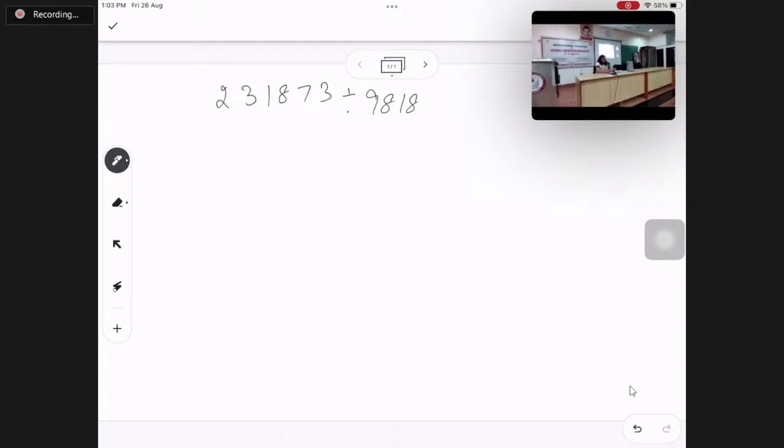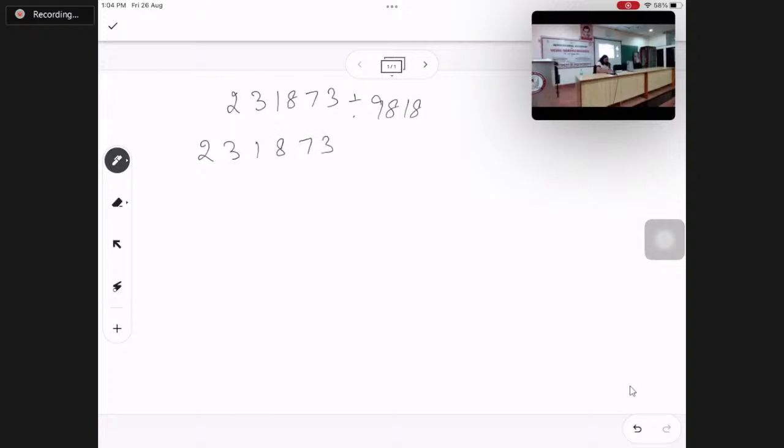See, if you just observe here, the digits are more than 5. 8, 7 here, 9, 8, 8 here. So here we can use the concept of vinculum, because the modified divisor is also large. That is why I will perform this division using 4 methods, and you will see that the answers come out to be the same. So the first is 231873.